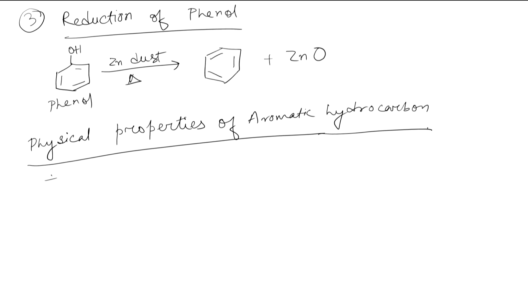So the first point is aromatic hydrocarbons are non-polar. Okay. Generally, we had seen that alkenes have a higher polarity than alkanes. But for benzene, this does not happen because all the double bonds of benzene are in resonance. Therefore, benzene is non-polar.